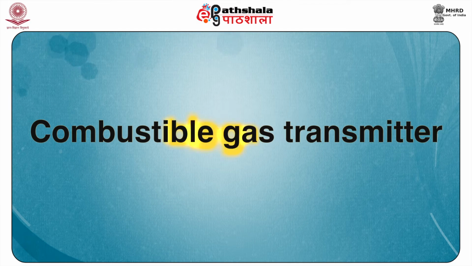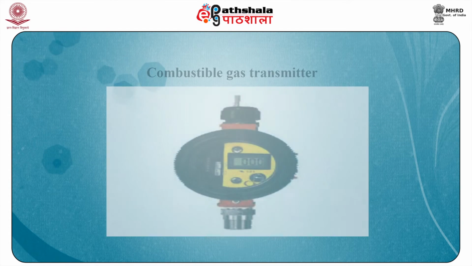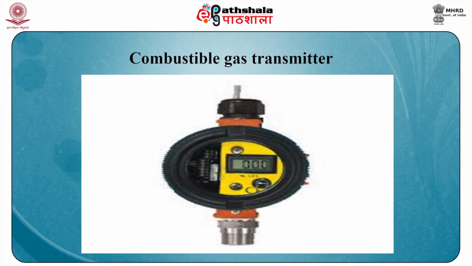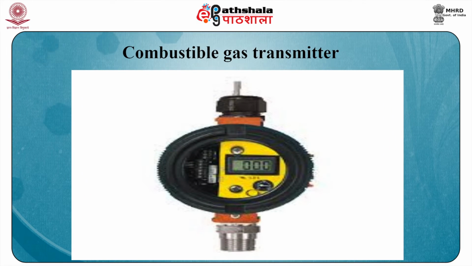Combustible gas transmitter. The new infrared combustible gas transmitter requires less maintenance than catalytic bead devices. It has many other advantages, such as there is no risk of poisoning the sensor from silicon, halogens, and other contaminants.